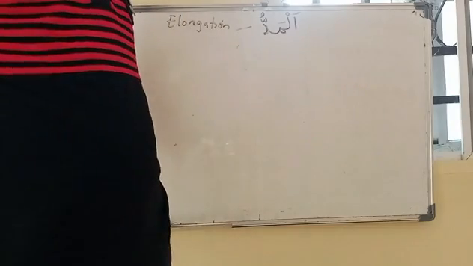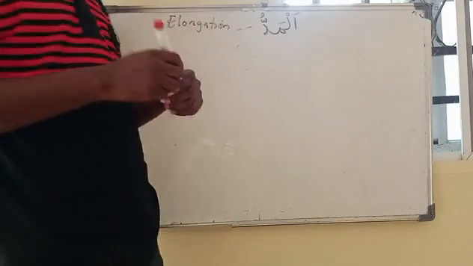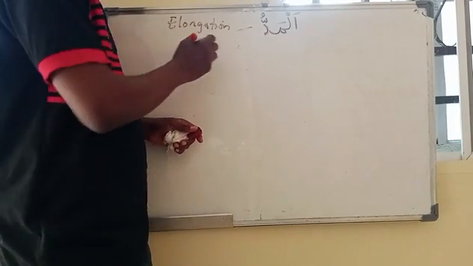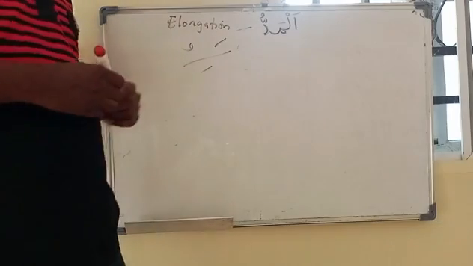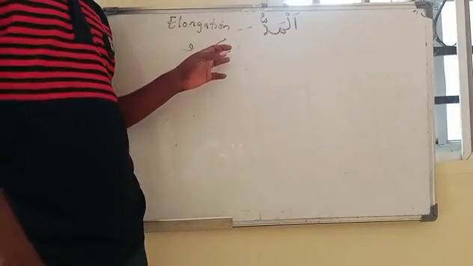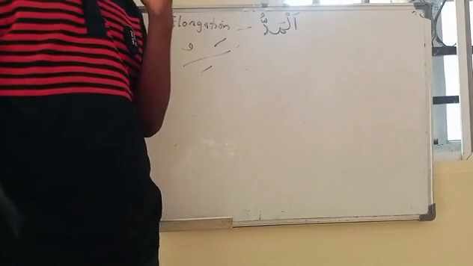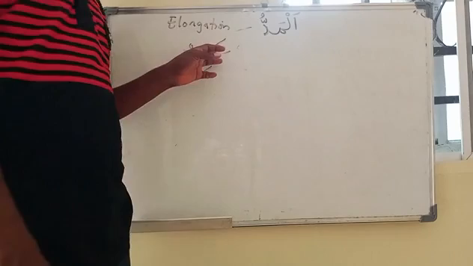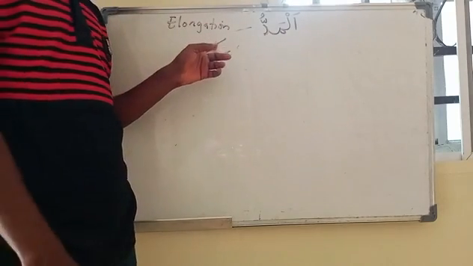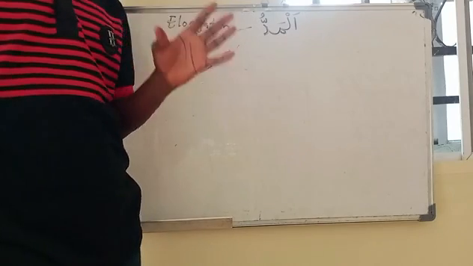We already mentioned that we have three vowels: the fatha, the kasra, and the dhamma. Fatha is the A sound, so to pronounce a letter with A, the indicator is this sign we call fatha.